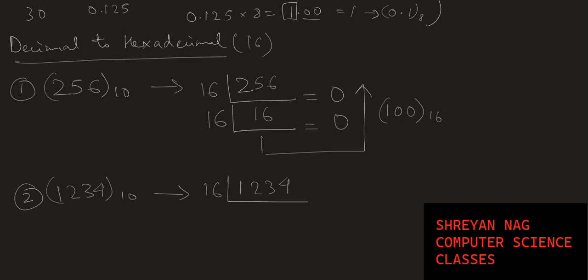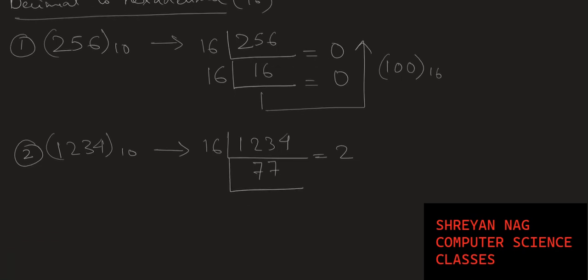Let's push forward. 16 into 80 is 1280, which is quite more. 16 into 79 is 1264, still more. 16 into 78 is 1248, still not there. So 16 times 77 is 1232, so remainder is 2.